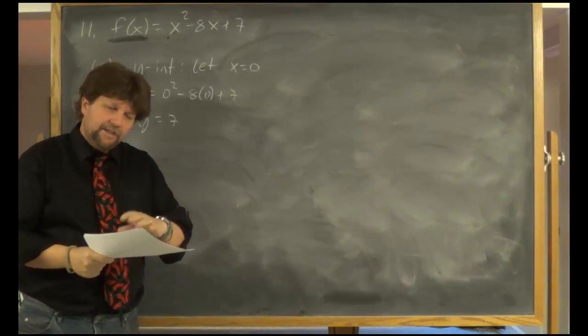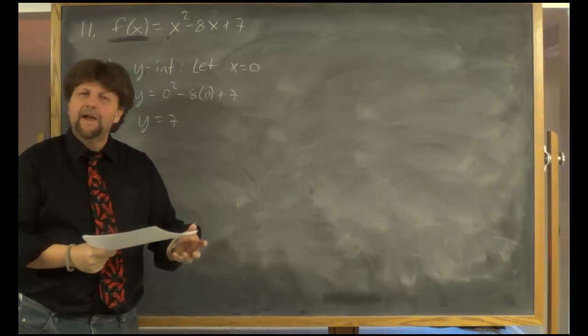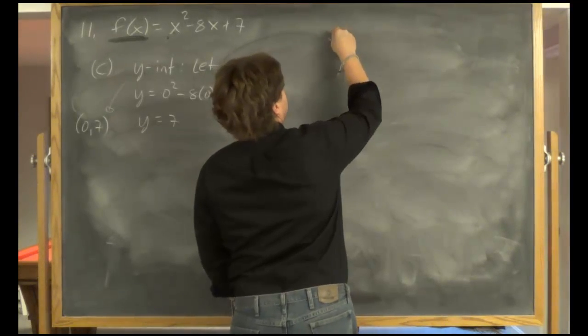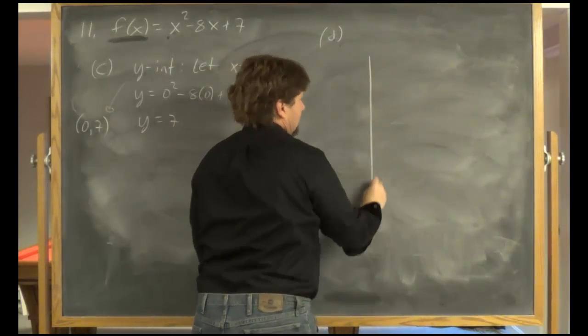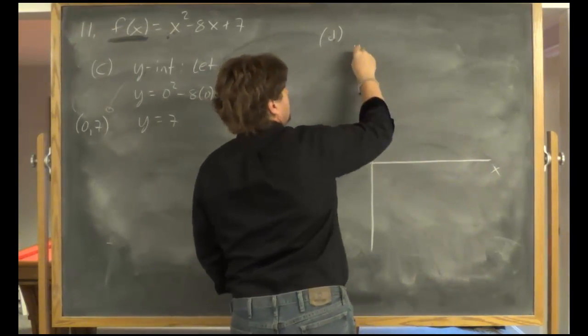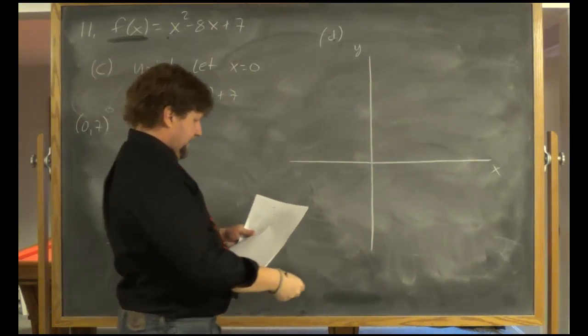Part D, I asked you to sketch a graph and use everything you found in parts A, B, and C. So let's see, I'll try to do a graph here. I'll warn you now, I'm not the best artist. Let me get some scaling on here.